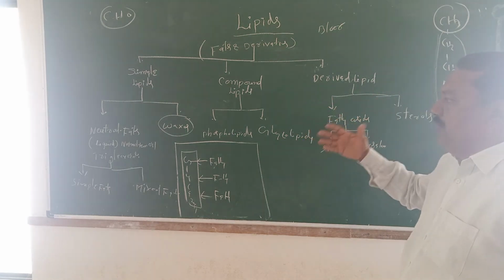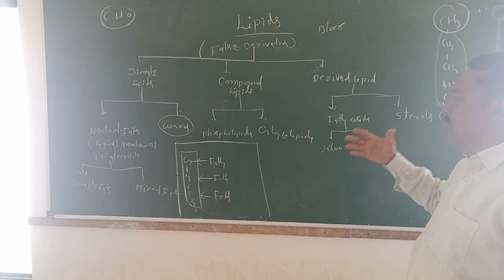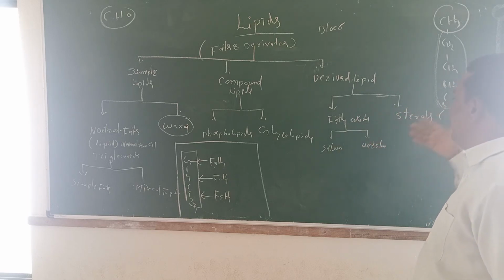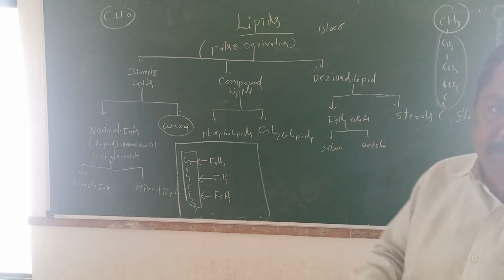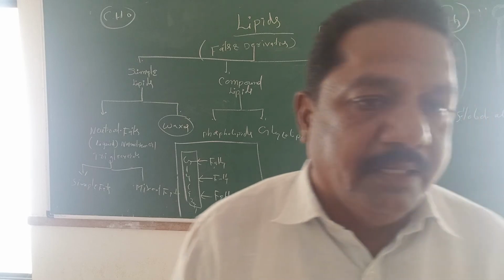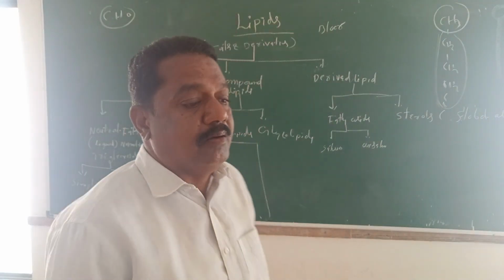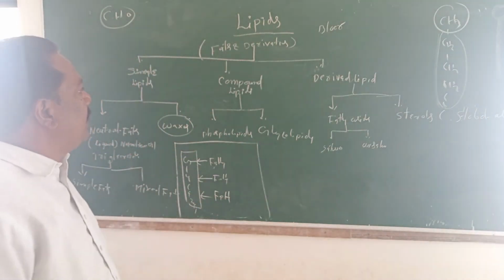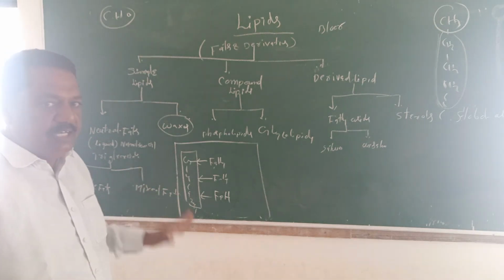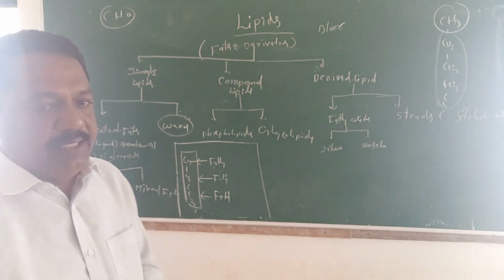Simple lipids are neutral fats and waxes. Compound lipids are phospholipids and glycolipids. Derived lipids are fatty acids and sterols. Sterols are solid alcohols. So that is the general information and classification about fats. Thank you.